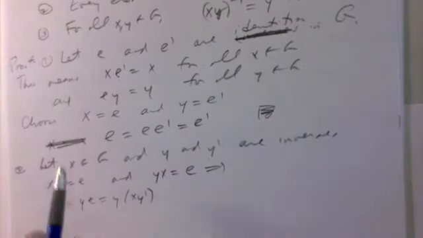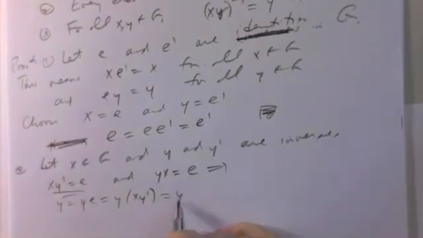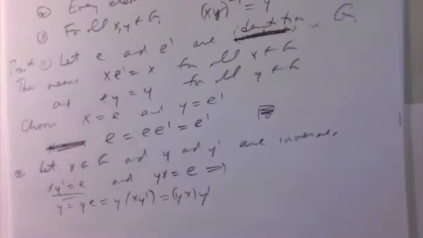The identity can be written as xy prime, so by associativity, y times xy prime is yx times y prime. yx is the identity, so that's e times y prime.